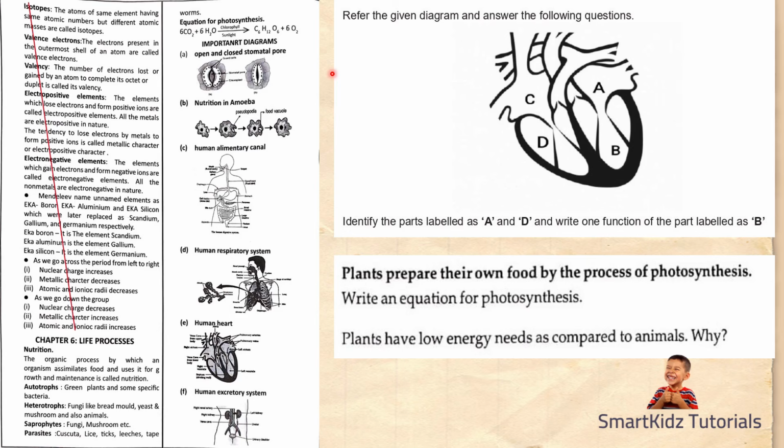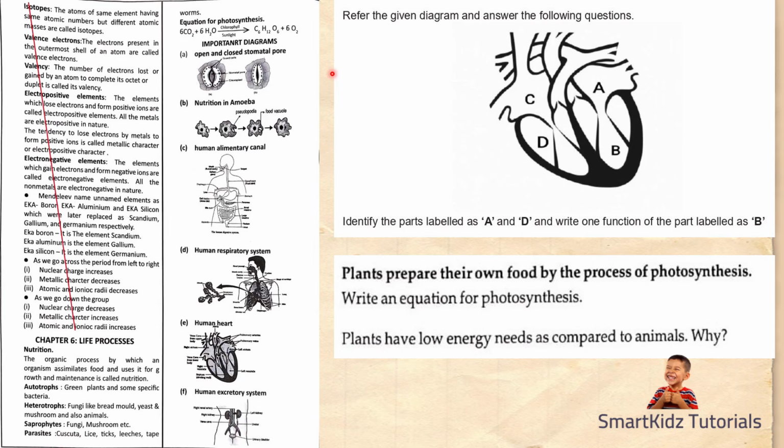Before I go to the human alimentary canal, also read up on the events that happen during photosynthesis, that is absorption of light energy by chlorophyll, then conversion of light energy to chemical energy, and splitting of water molecules into hydrogen and oxygen, followed by reduction of carbon dioxide to carbohydrates.